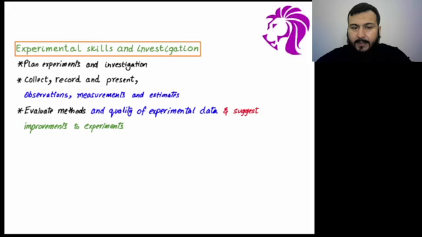That's the part of AS paper 3 question 2 and A2 paper 5 question 1. This point is applicable in both these papers. For AS paper 3 it's question 2, for A2 paper 5 it's question 1. Right?